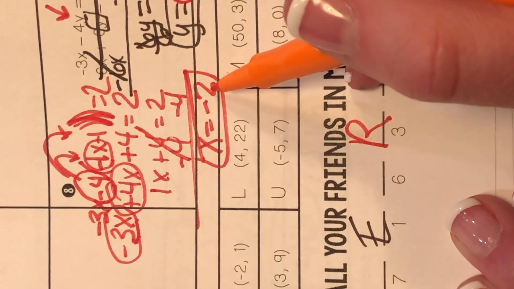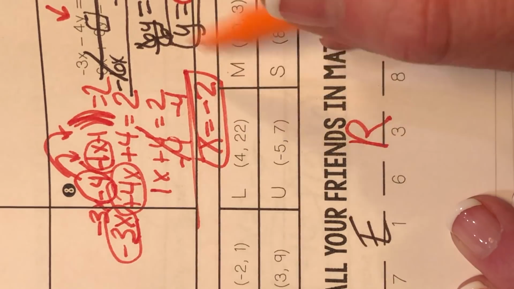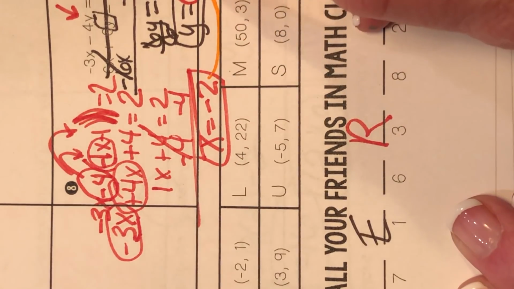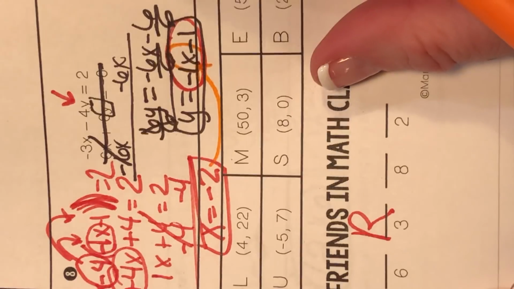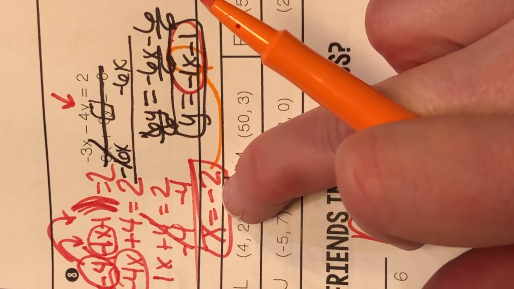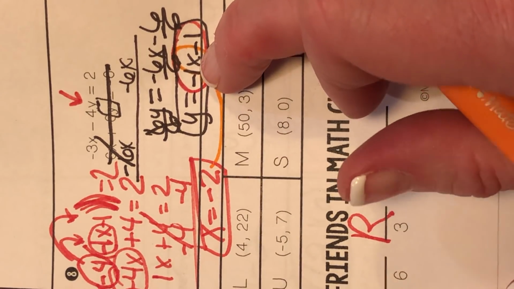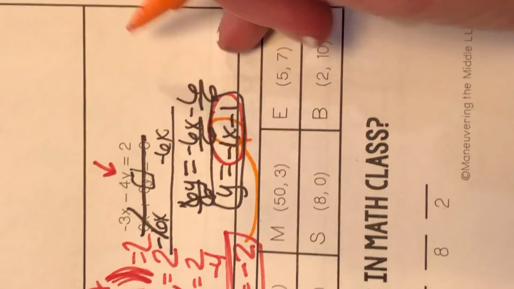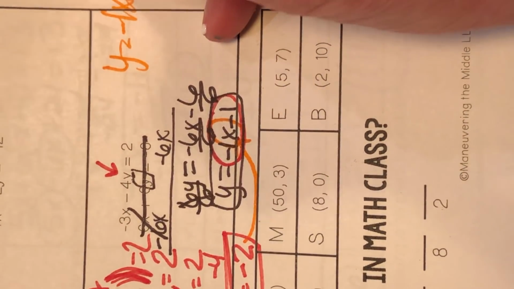So now that I have my x value, I can use that number, so the value of x, which is negative 2, to replace the x value here to do that substitution. So this negative x, the x is equal to negative 2, is going to be put into that x right there. So we have y equals negative 1x minus 1.